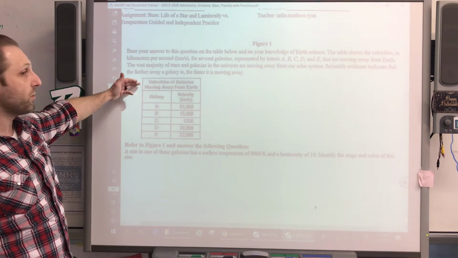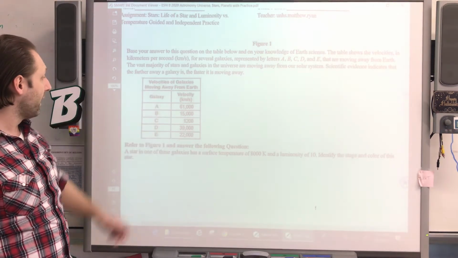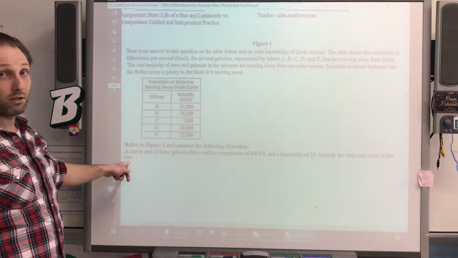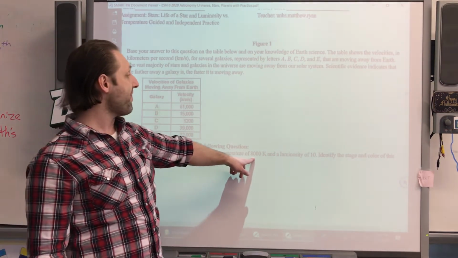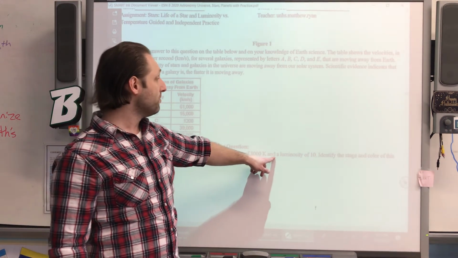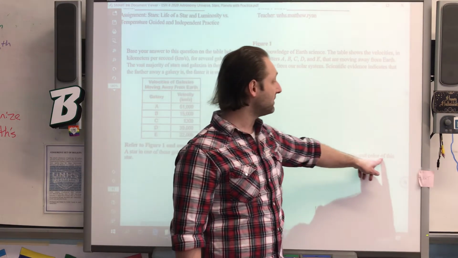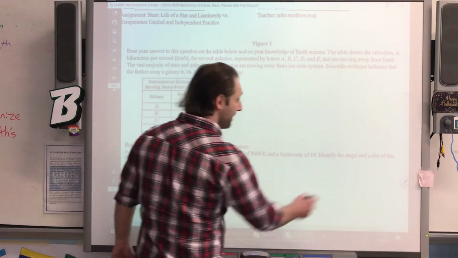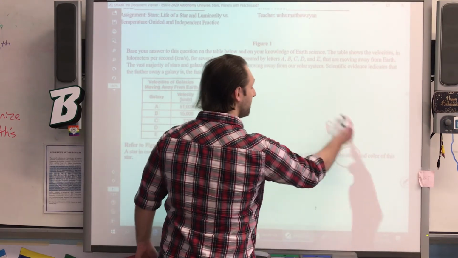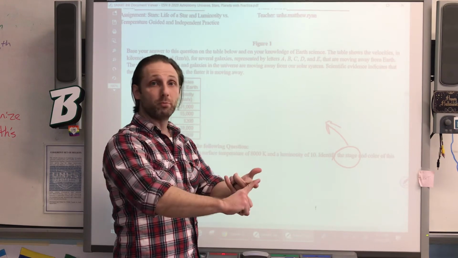Velocity of galaxies moving away from Earth. Galaxy A, B, C, D, E. A star in one of these galaxies has a surface temperature of 8,000 Kelvin and a luminosity of 10. Identify the stage and color of this star. When they say stage, they mean main sequence, white dwarf, giant, supergiant.